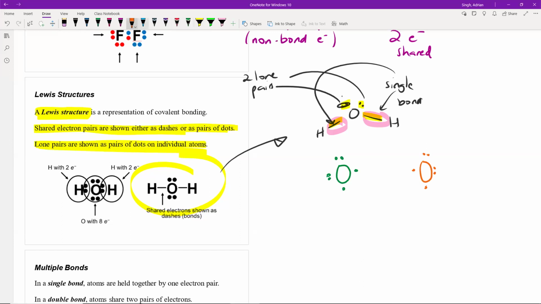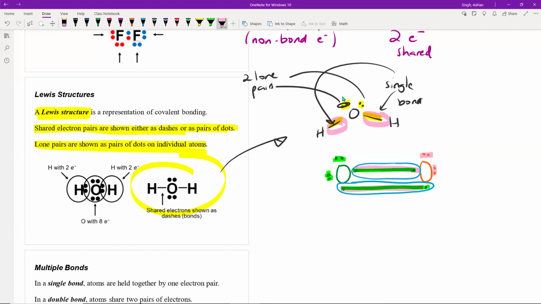Guess what they can do to each other? They can share one pair of electrons, and they can share a second pair of electrons. So now the oxygen on the left side has 2, 4, 6, 8, and the one on the right has 2, 4, 6, 8.